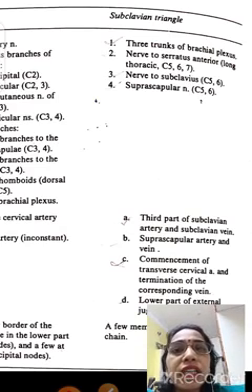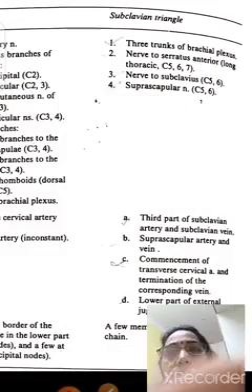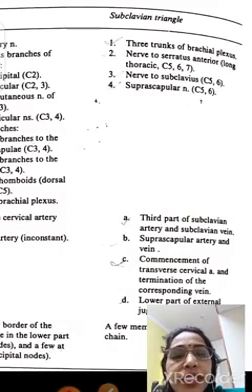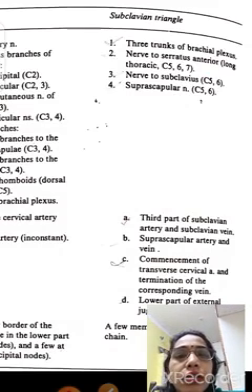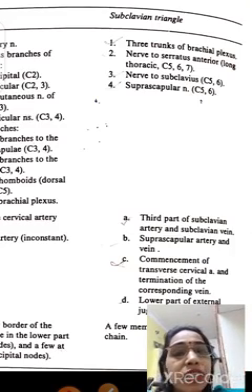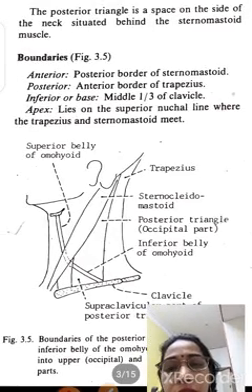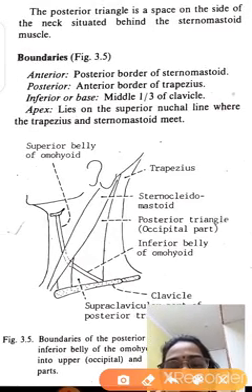So 4 nerves are present. The 3 trunks of the brachial plexus are present inside this.